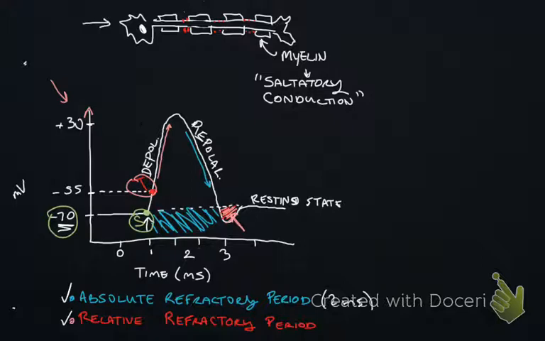Now, other landmarks on a neuron that are important to note are the myelin sheath. And the myelin sheath actually is a form of insulation. So some of your neurons have this myelin sheath. In the central nervous system, those are produced by the oligodendrocytes.